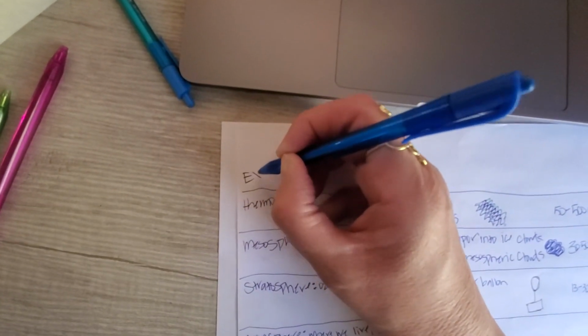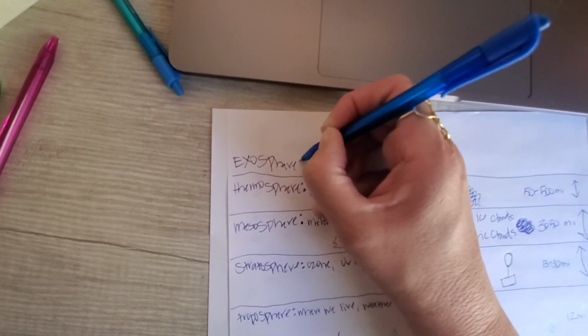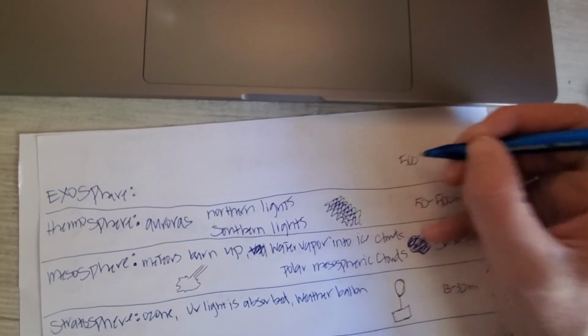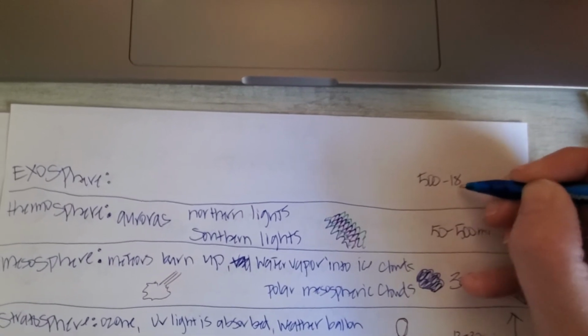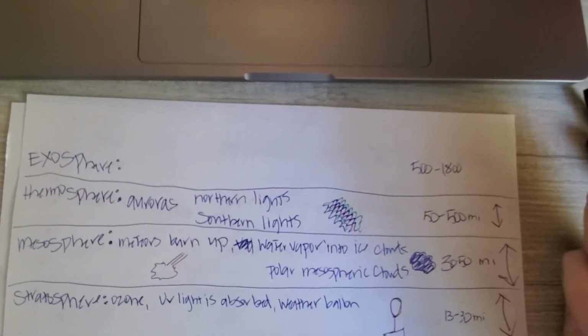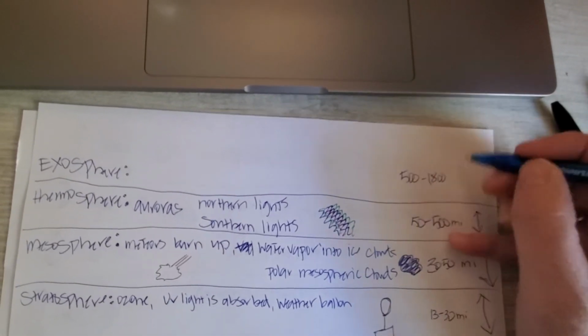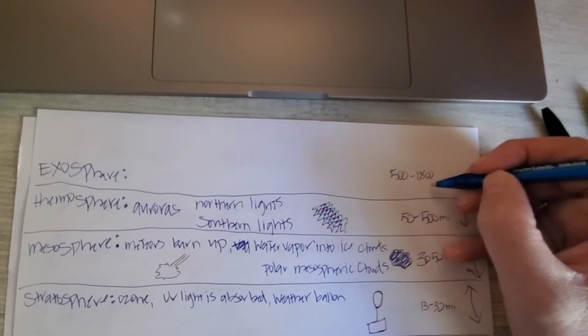Okay, so our last layer is exosphere. Now the transition layer, they say, is 500 to 1800 miles, but it really goes, after that, into space.